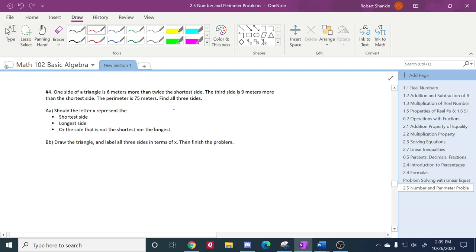Okay, the letter X, everything is being compared to the shortest side.